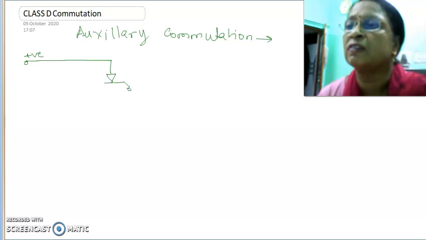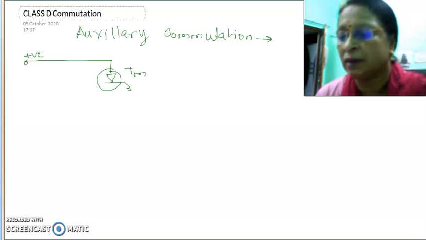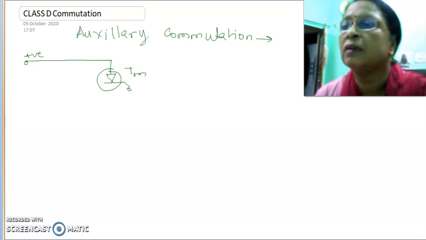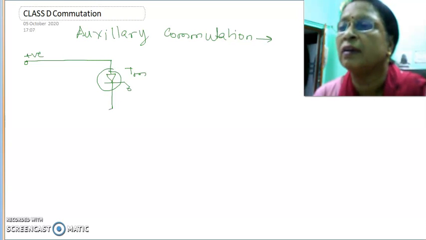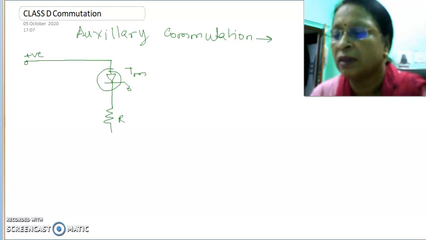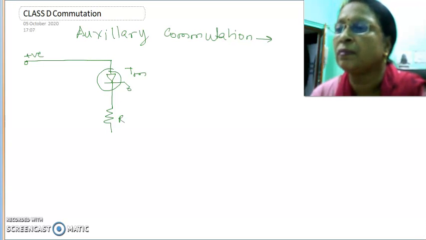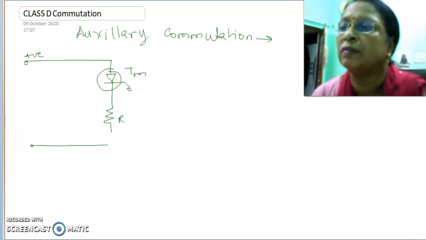So here in this we are connecting an SCR. This is the first SCR. So we will name this as SCR TM. Then to this SCR we are connecting a resistance. Then again we will give back the DC supply.